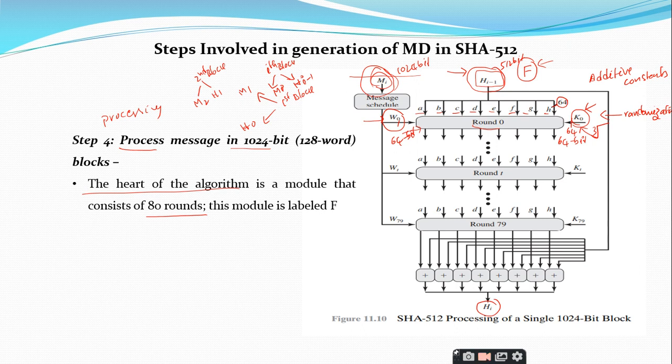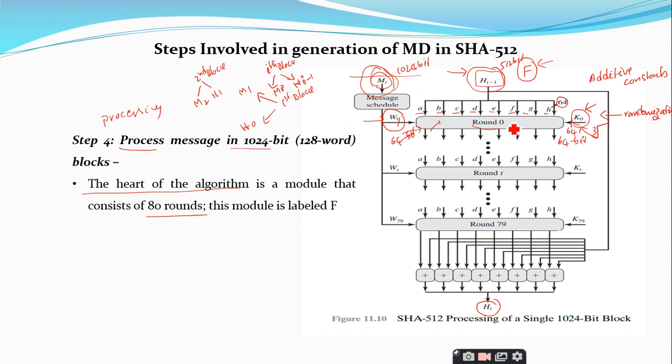We are not going deep into the round, but what happens in round 0 is that they accept two inputs, Mi and Hi minus 1. Mi is 1024 bits and Hi minus 1 is 512 bits. In addition, they make use of constants like W0 and K0.